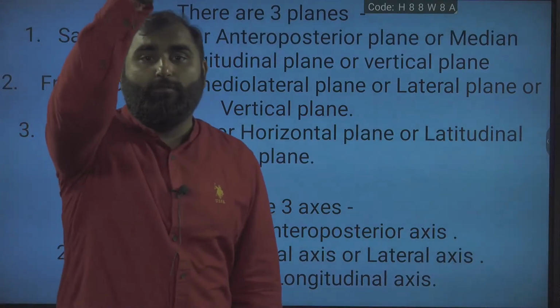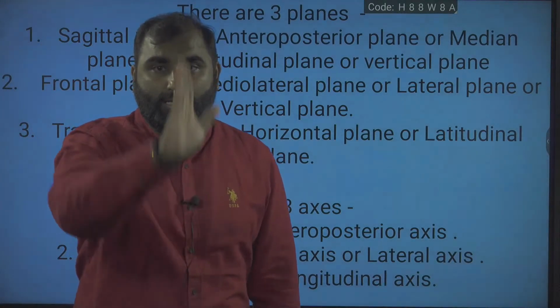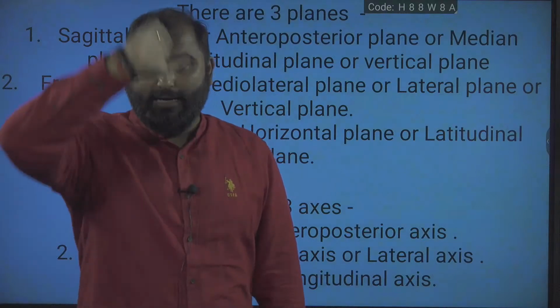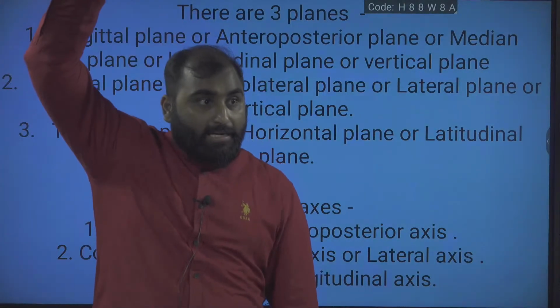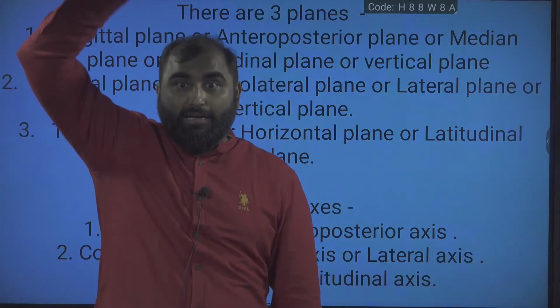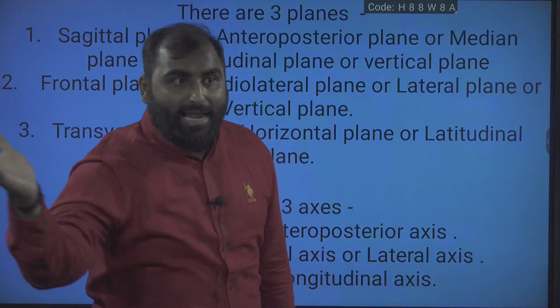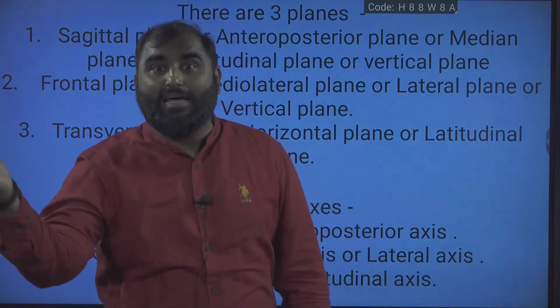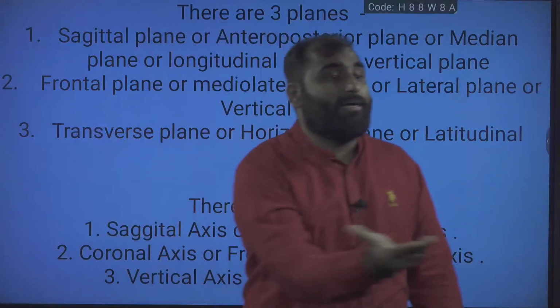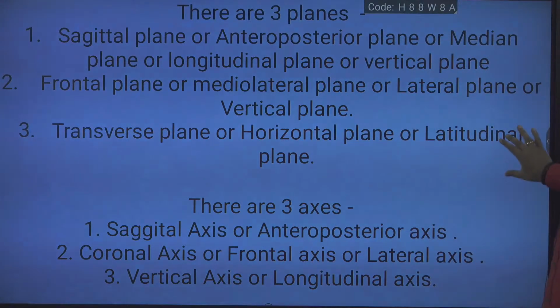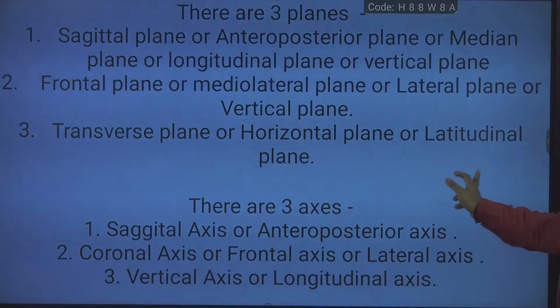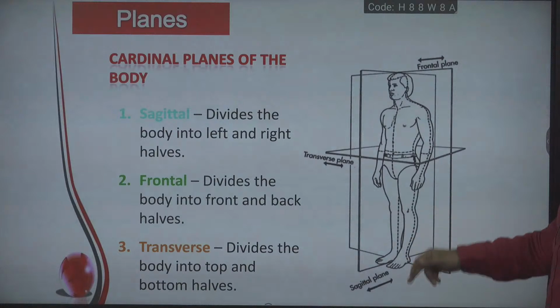The axis through which the sagittal plane passes, sagittal plane passes like this, it is the sagittal axis. Frontal plane passes like this, frontal axis. Horizontal axis is this through which the transverse plane passes, and that's why it is also known as the transverse axis. Am I clear, everyone? These are your planes and axes. Come on, let's see further.